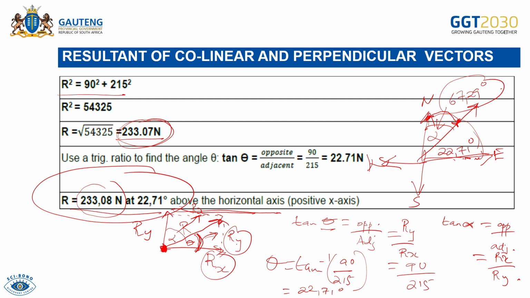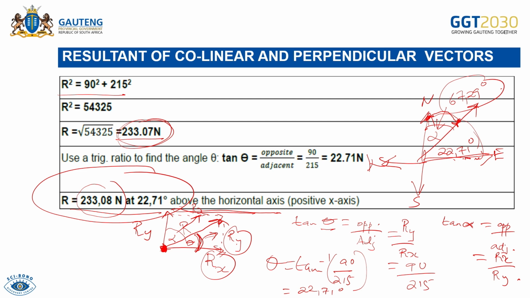Is it a must to write the direction? Yes, it is a must for us to write the direction, unless a question says, give us the magnitude of the resultant force. There's no need there. But if a question says give us the resultant force, that is a vector.